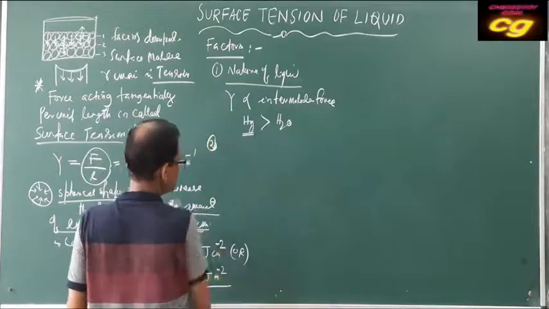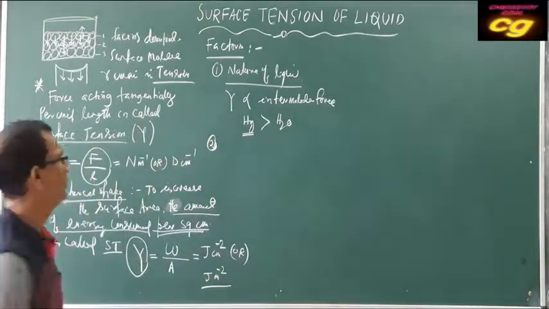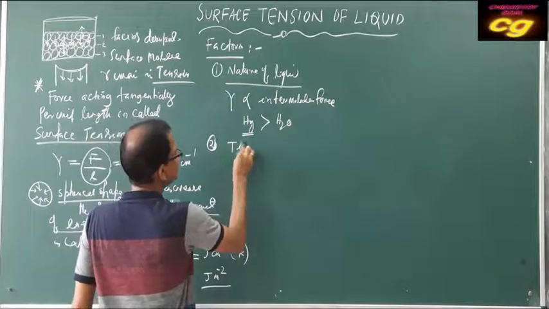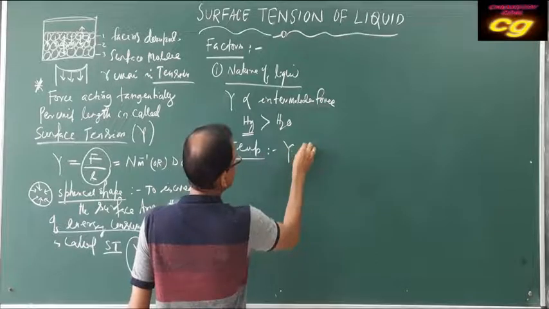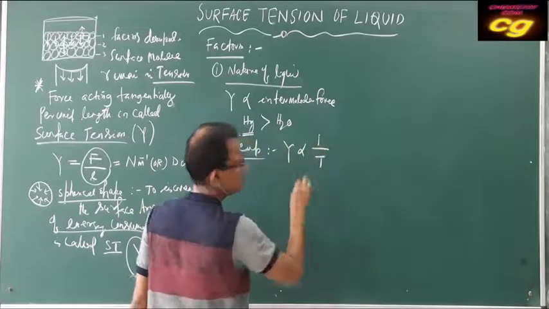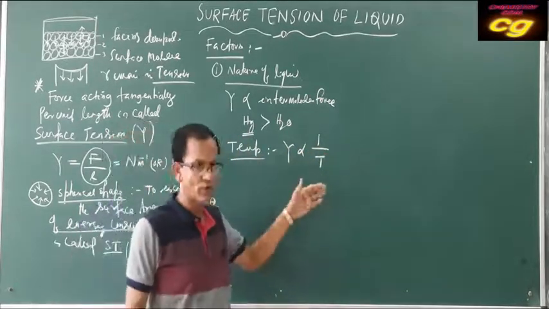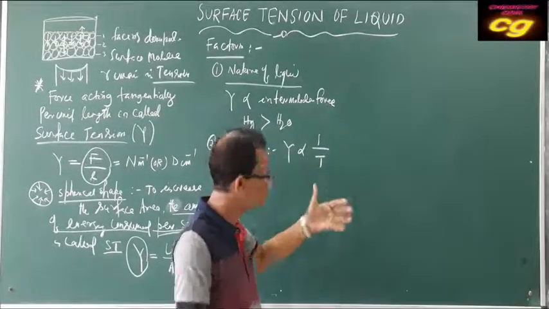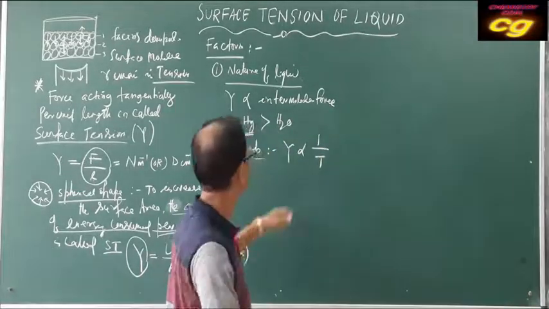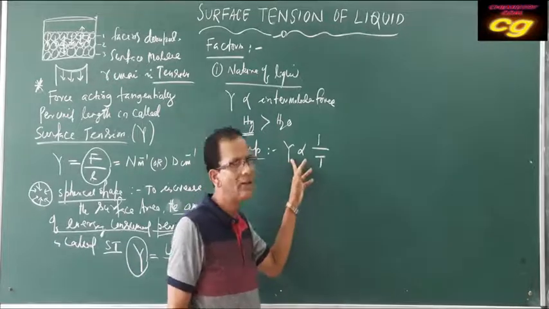Then temperature. Surface tension is inversely proportional to temperature. Because when you increase the temperature, the intermolecular attraction is decreased. That's why surface tension will be less.